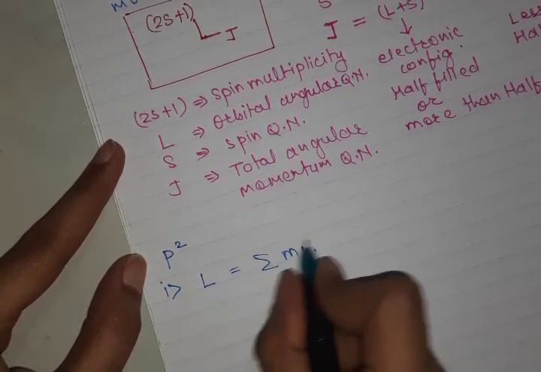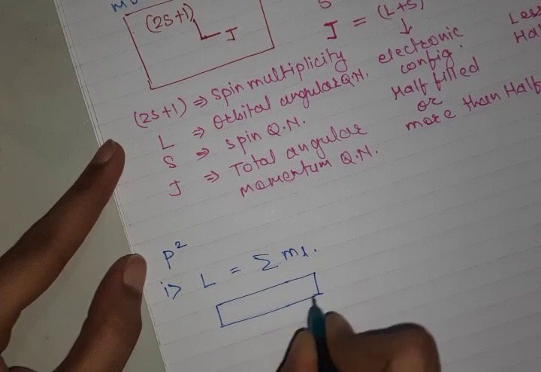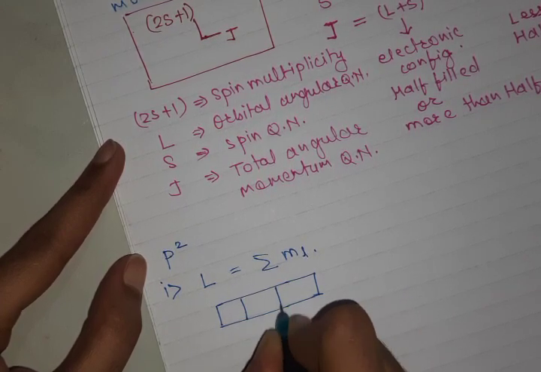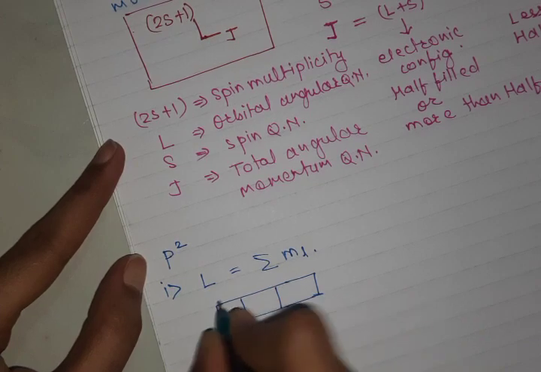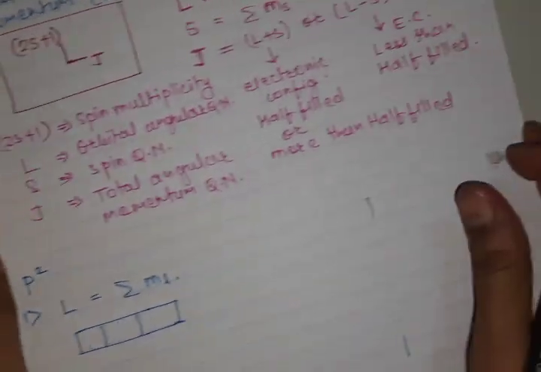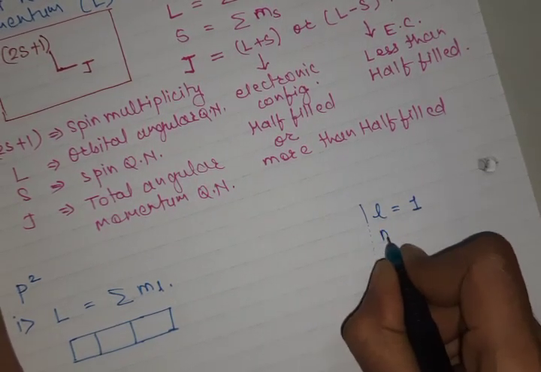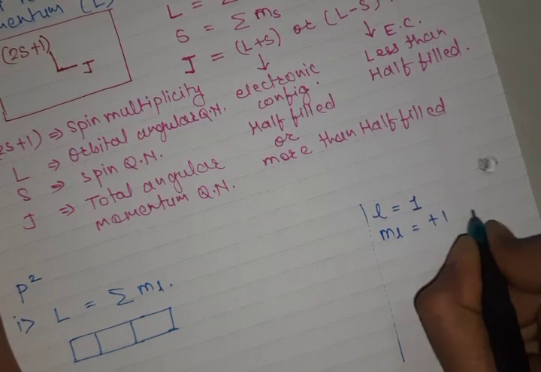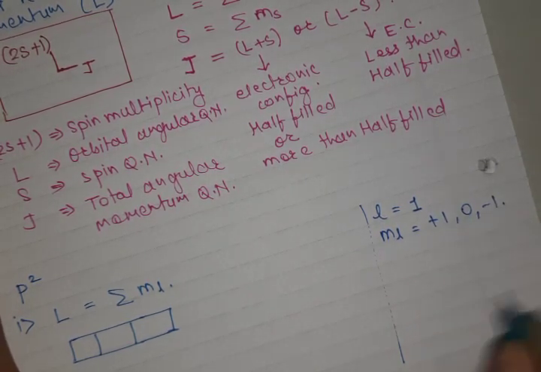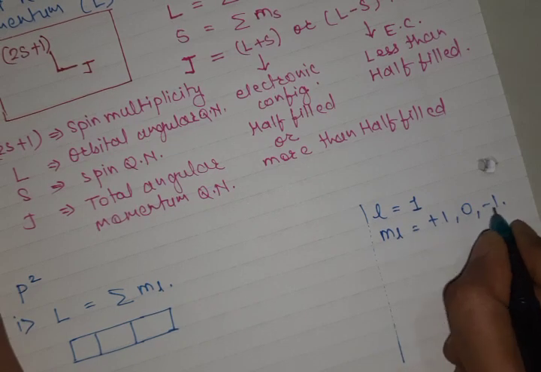So how to find out this ml value? You have to draw the p orbitals like this. We know that px, py, pz are the 3 orbitals, and for your revision, for l equal to 1, ml values range from +1, 0, -1.